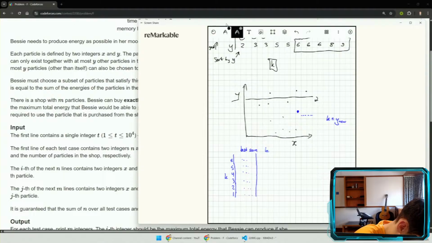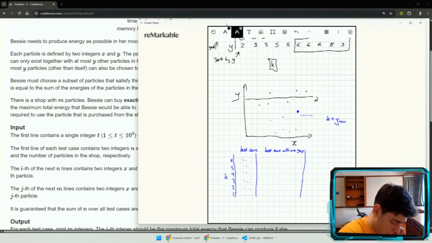And then best score with one gap, i.e., what's the best score if you want to choose k values, but let's only choose k minus 1 values.